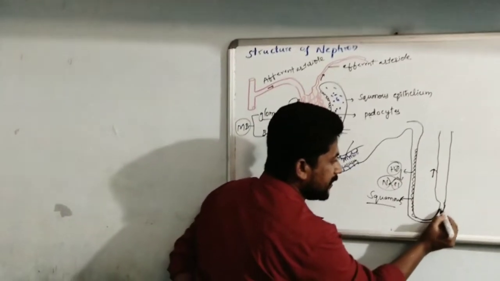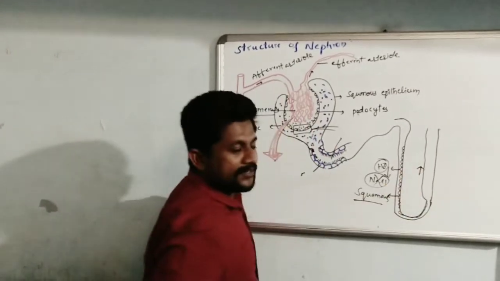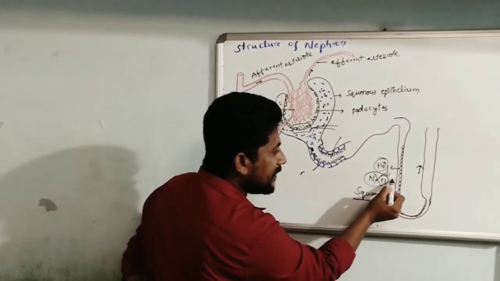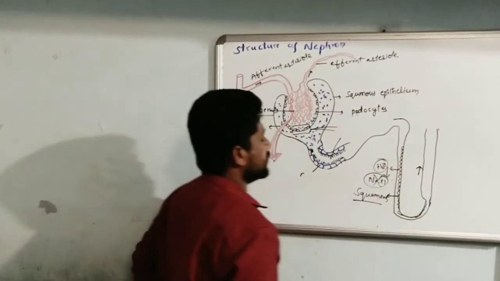It is then continued as the ascending limb. The descending limb is thin in nature and the ascending limb is thick.